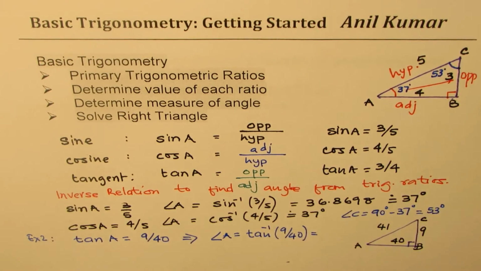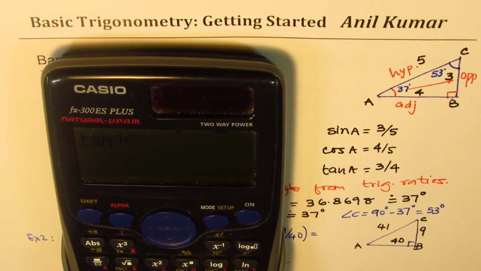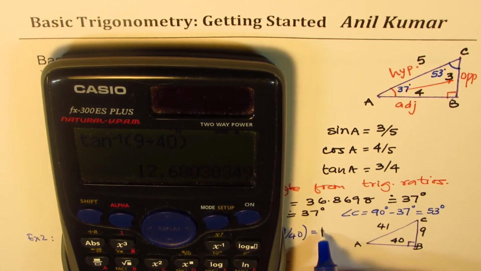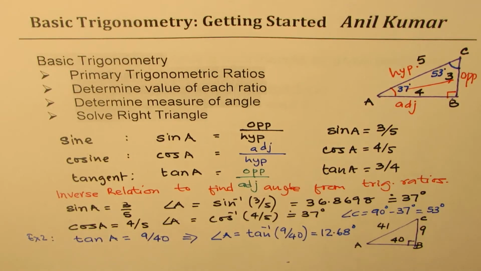So let's figure this out. Shift tan inverse 9 divided by 40, bracket close, equal to. We get 12.68 degrees, correct? Let's round this to 13 degrees.